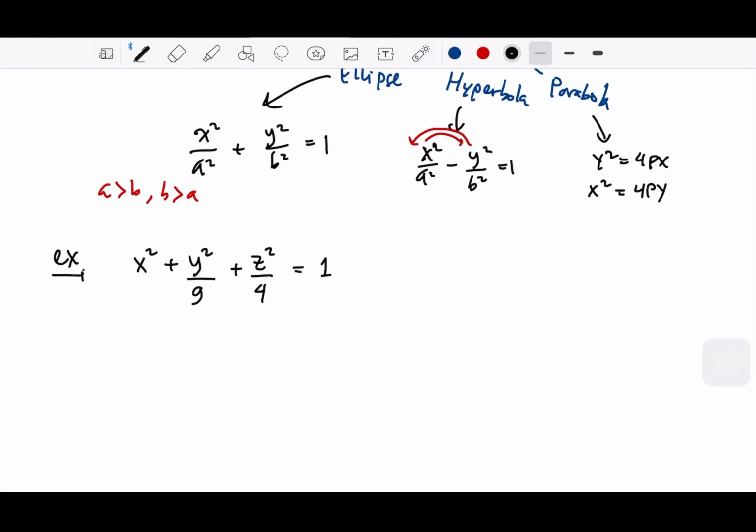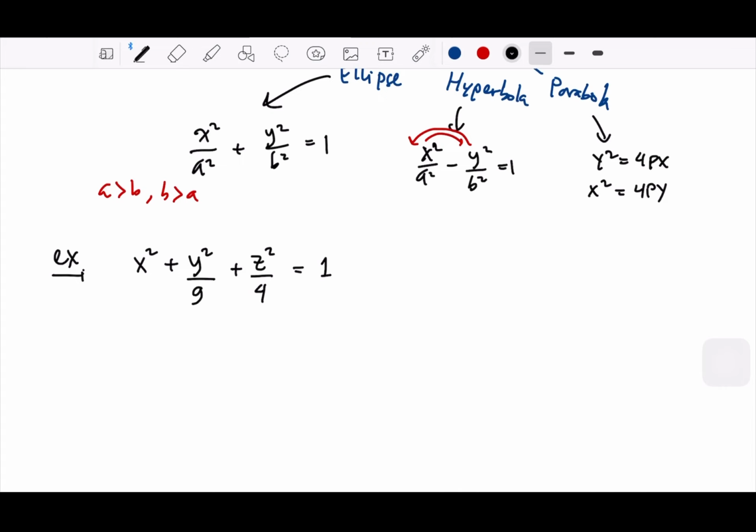What's the idea behind this equation? This example shows us that all the terms have plus signs, right? So first, we can trace the surface by setting each variable to a constant or to 0.